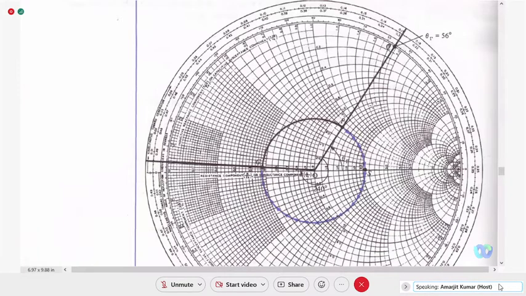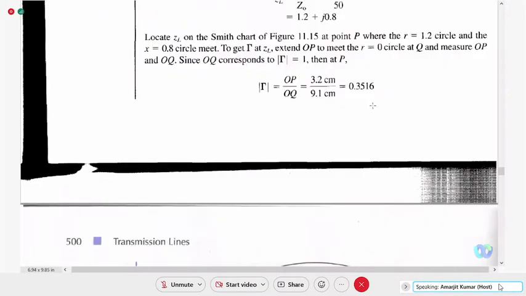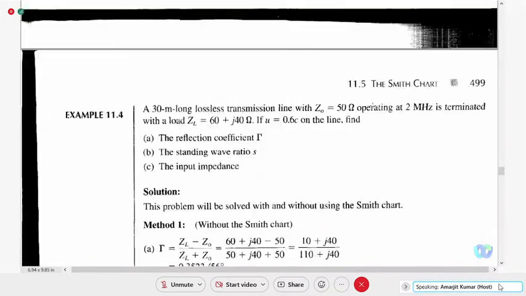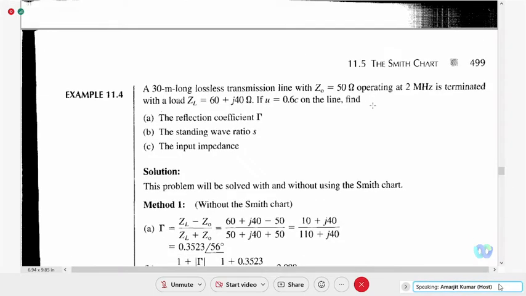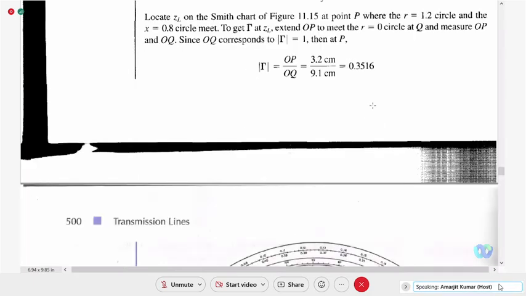So what will be the magnitude of the reflection coefficient? 0.3516 using the Smith chart. And using the formula, what were we getting? 0.3523. Which is more accurate, using the direct formula or using the Smith chart? The more accurate is using the formula.